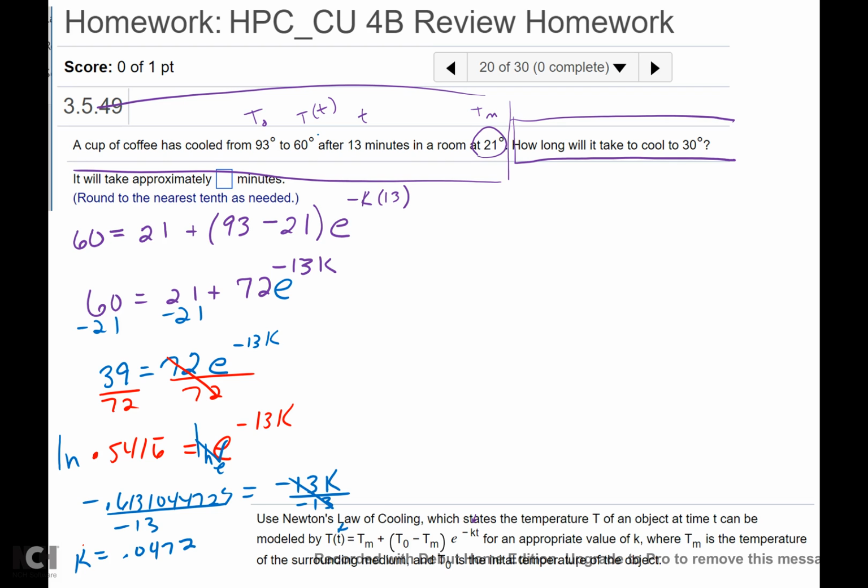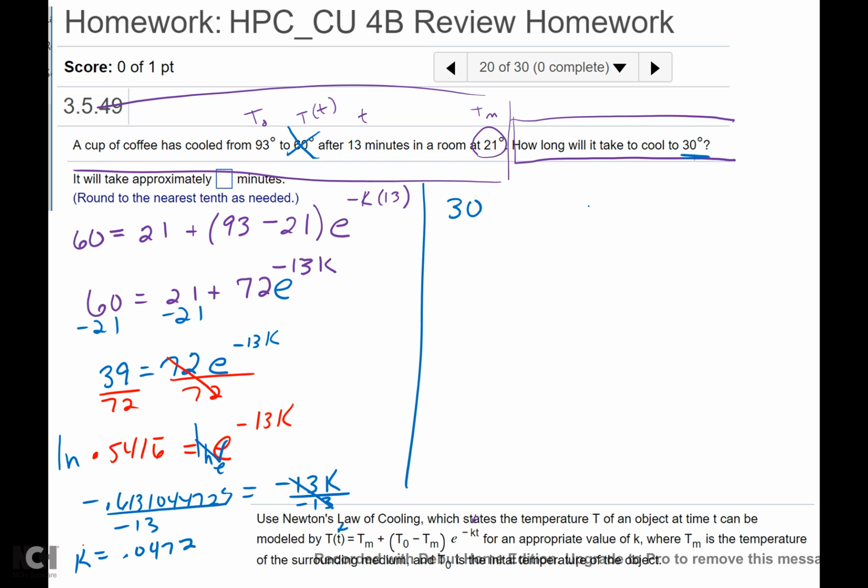Okay, so now that I have k, I can come back up here, and the only thing that's going to change is I have a new final temperature. I want that to be 30. So now I want to solve this and figure out how long it is going to take to go from 93 down to 30 degrees.